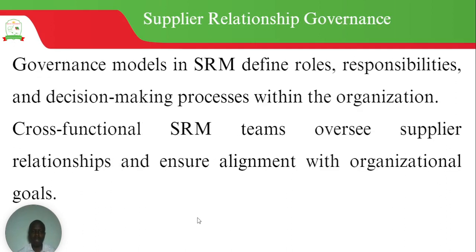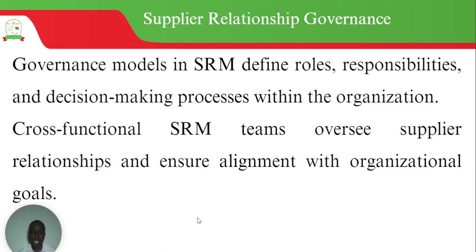We have also what we call supplier relationship governance, and we are saying governance models in SRM are going to be defining the roles, the responsibilities, and decision-making process within the organization. And we are going to be having cross-functional SRM teams that are going to oversee supplier relationships.